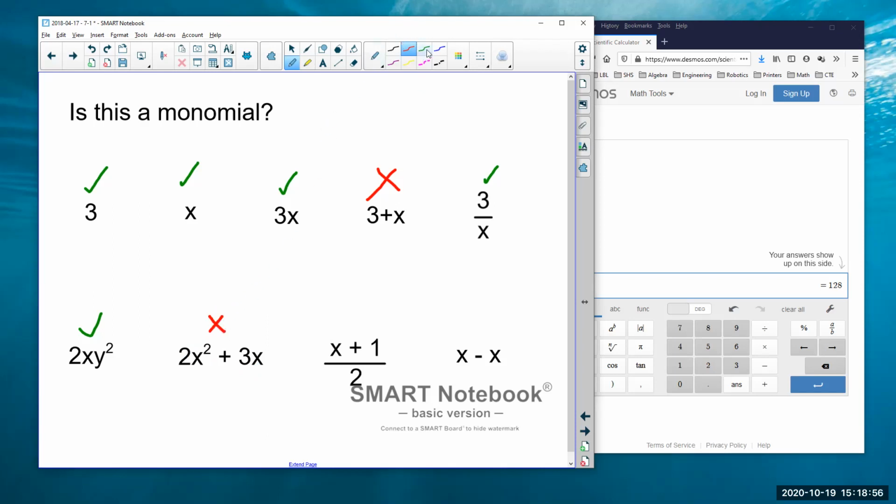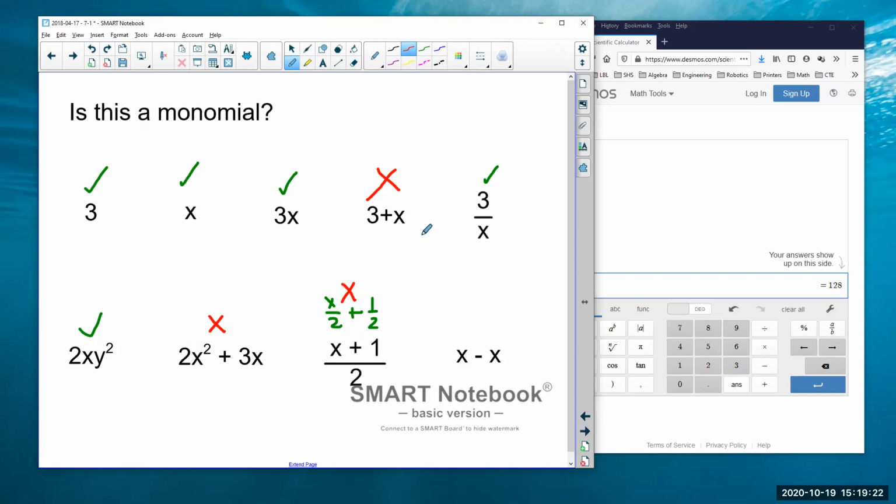Okay, and then this one, I could actually write this as x over 2 plus 1/2, right? So even though it's x plus 1 divided by 2, we have that addition in there. Because we have that addition in there, that makes it 2 terms. So that is not a monomial.